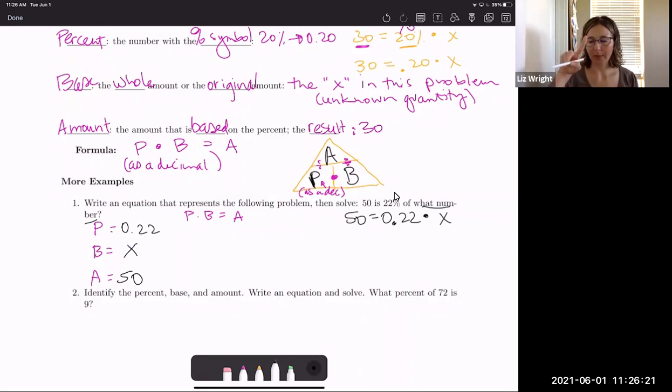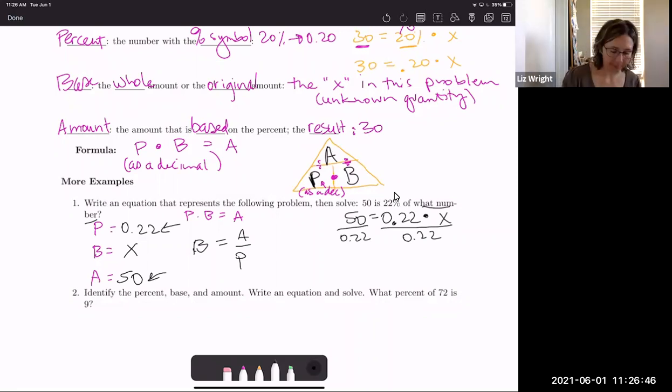Now cover up the B because we're solving for the base. The base is going to equal A divided by P, which is what we're going to do here. We're going to divide both sides by 0.22, which is A divided by P, so we know we were doing that right. So 50 divided by 0.22, plug that into your calculator.